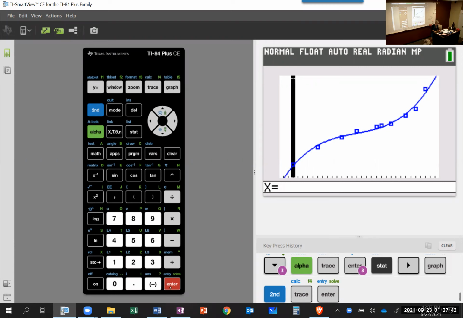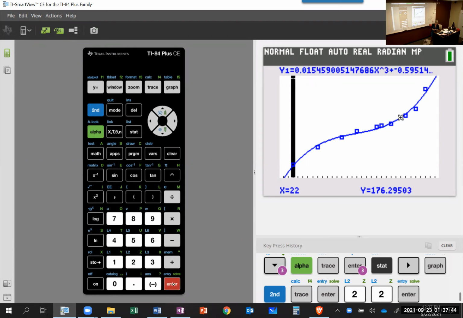And I want 22. And it evaluated the function that I threw on y1 at 22. So it should be 176, probably thousand, I would imagine. Costs in thousands of dollars.